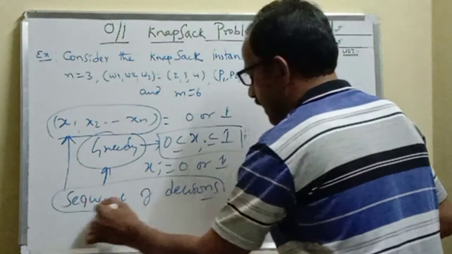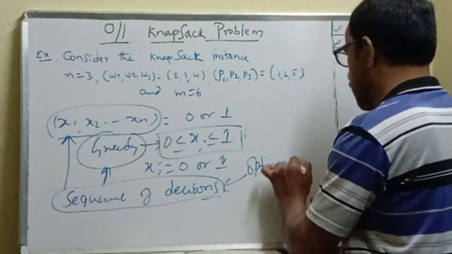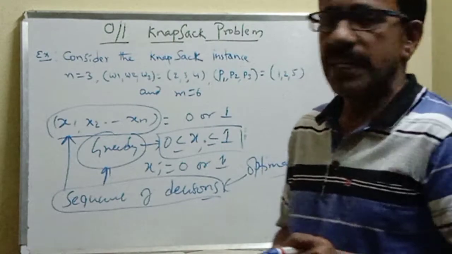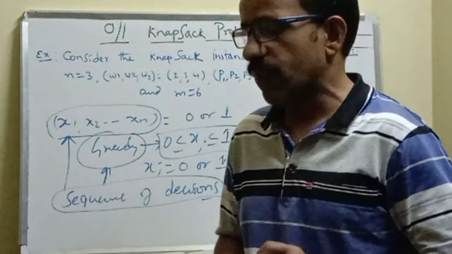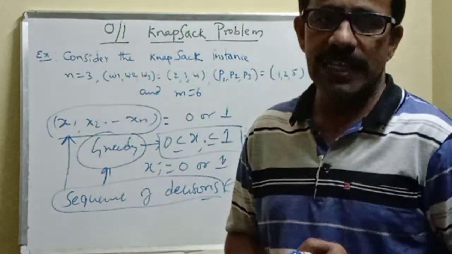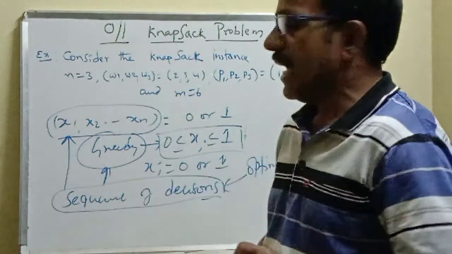Out of this sequence we select one sequence as optimal, meaning we are checking all the possibilities and selecting one possibility as the optimal sequence. That's why there is a guarantee of getting the optimal solution under dynamic programming.